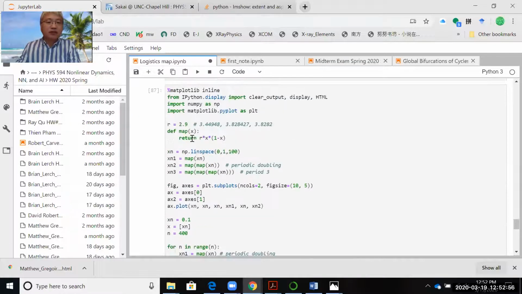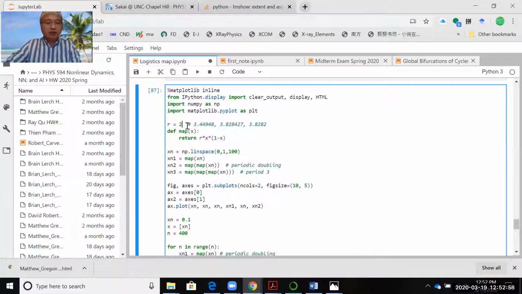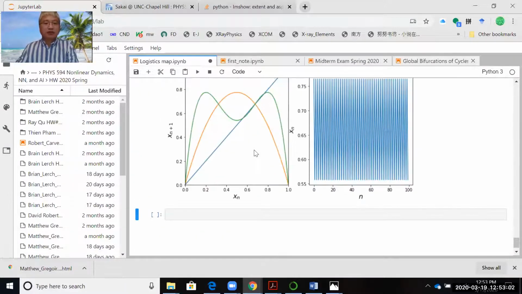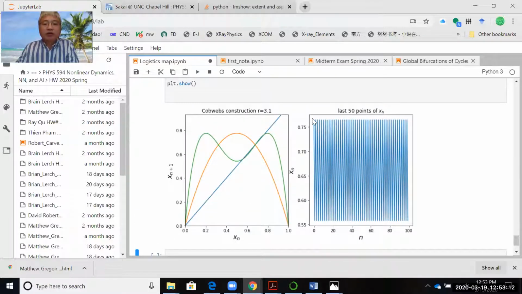So let's try 3.1. Then you can see there's one fixed point here, one fixed point there. And then there are two possible values.